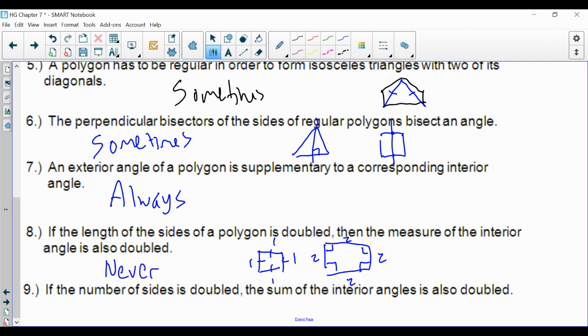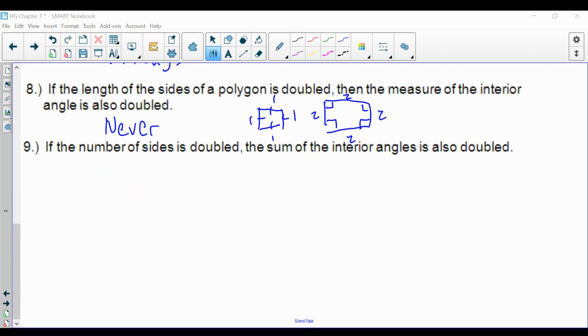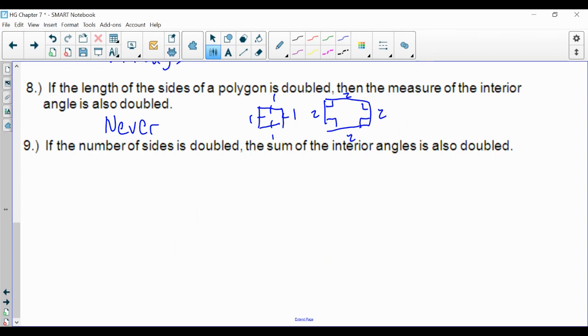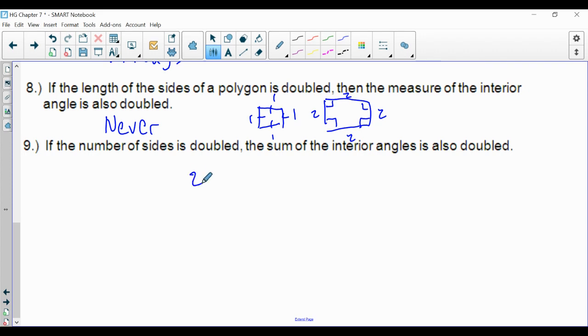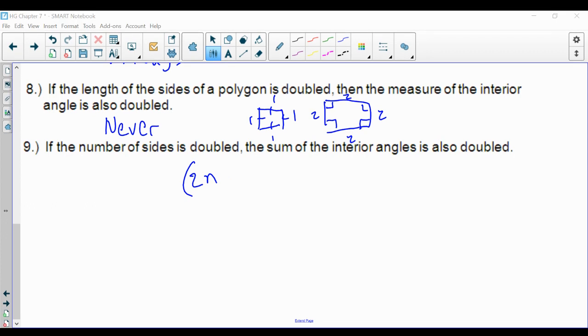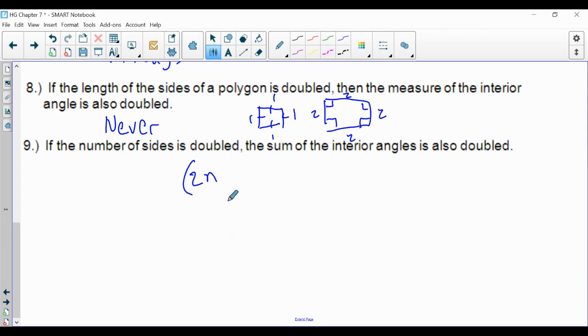And then the last one on the always, sometimes, never: if the number of sides is doubled, the sum of the interior angles is also doubled. So let's just use our formula. If the number of sides is doubled, so it becomes 2n, we use our formula, so 2n minus 2 times 180.